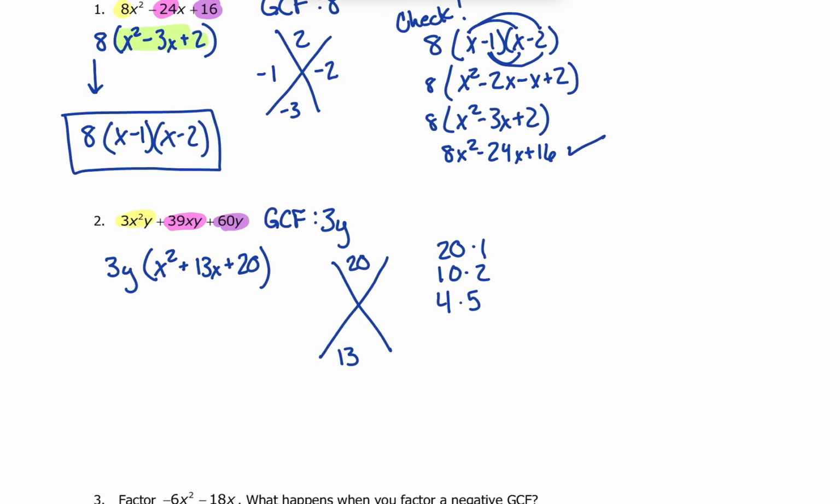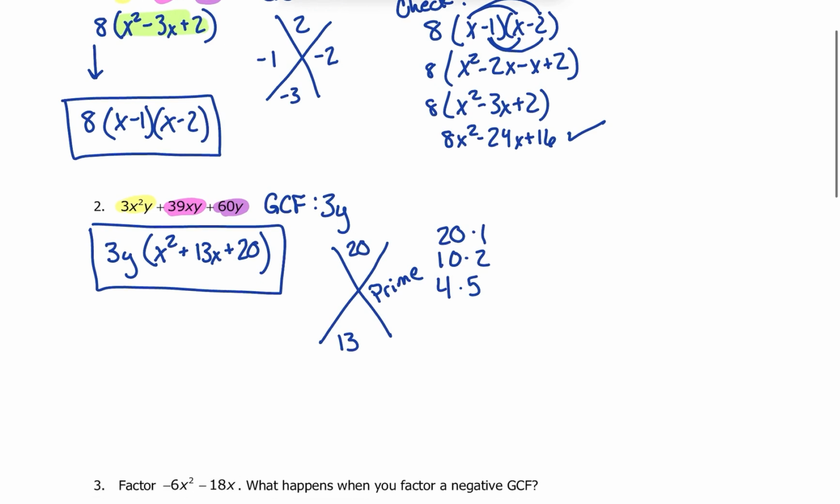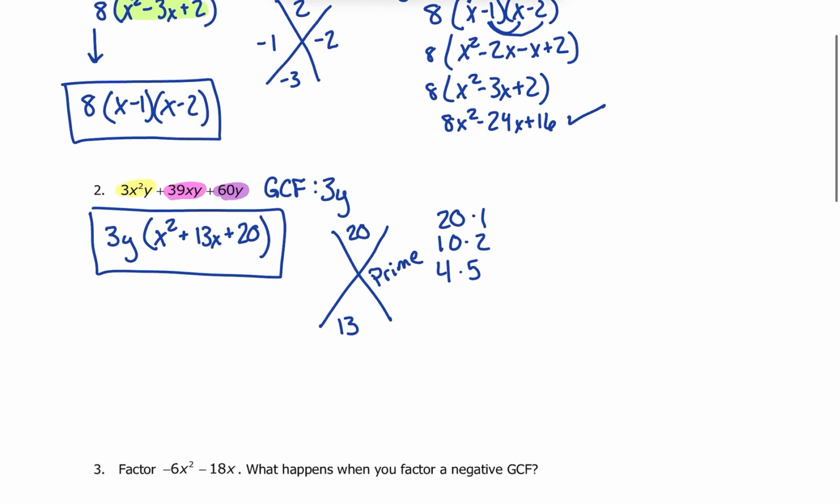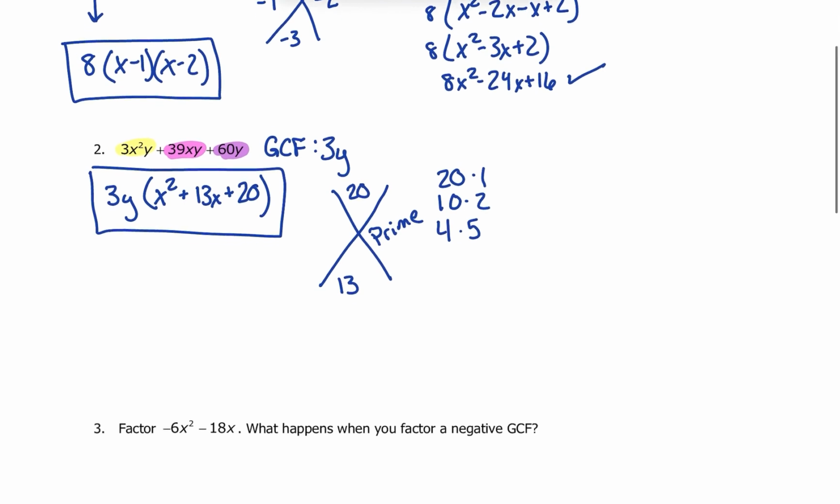None of them combine to give us 13. So this one is prime. It cannot be factored. So we would end with this as our answer. And that's okay. If there are no two numbers that multiply to give you a C and combine to give you your B, that's okay.